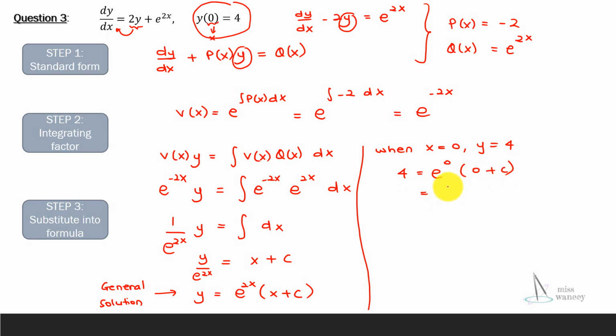And then I have 0 plus c. So 1 times c is simply c. And I know that c is equal to 4. So that means y is equal to e to the power of 2x multiplied with (x plus 4). And this solution is known as a particular solution because we have a value of c.